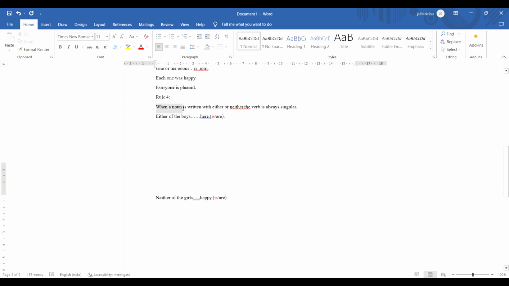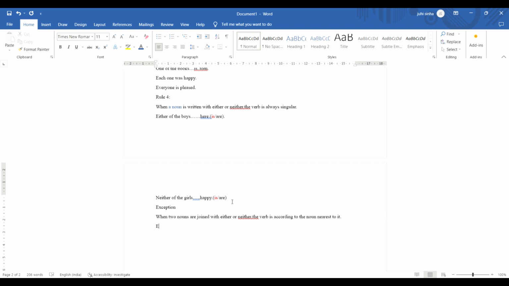Now, why did I say focus on the word a noun? Because again, there is an exception. As I said, there is always an exception in this world. So what is the exception? When two nouns are joined with either or neither, the verb is according to the noun nearest to it.